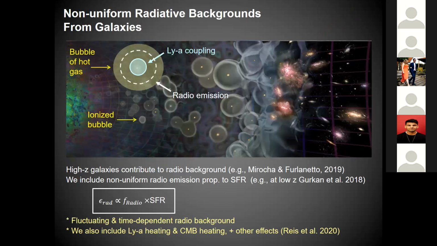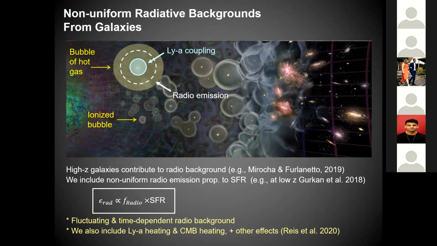So in our model, radio emission is proportional to the star formation rate in galaxies. Here, it's in agreement with what is observed today in low redshift galaxies. And we parameterize this relation between the emission and star formation rate by a constant called F radio. For normal local galaxies, it's close to 1.